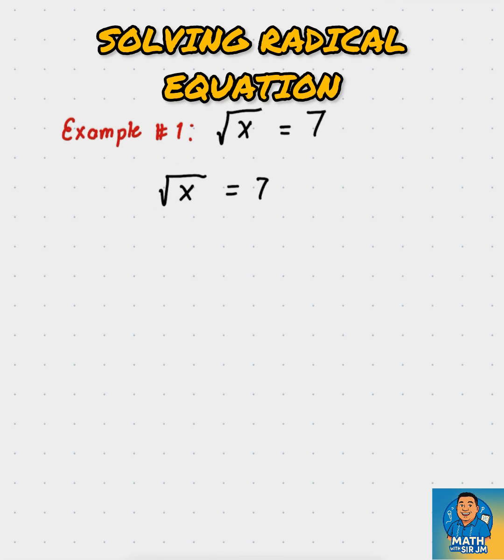Now, let us proceed to step 2. We need to raise both sides of the equation by the index of our unknown radical expression, which is square root of x. What do you think is its index? The index of the unknown is 2.